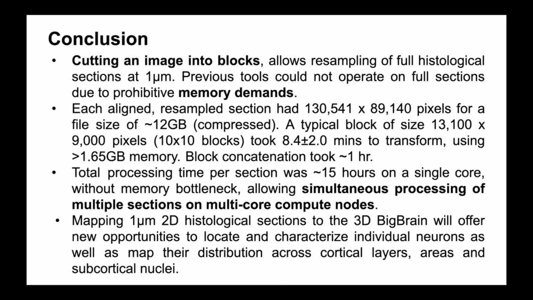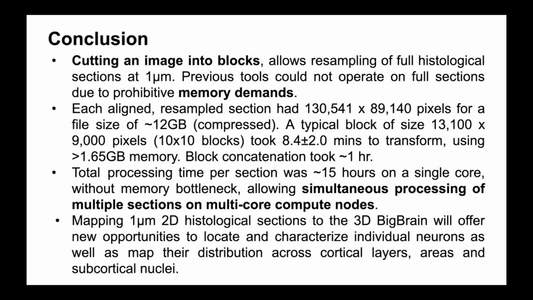And the block concatenation took almost 1 hour. The total processing time per section is about 15 hours on a single core without any memory bottleneck, allowing simultaneous processing of multiple sections on multiple core compute nodes.